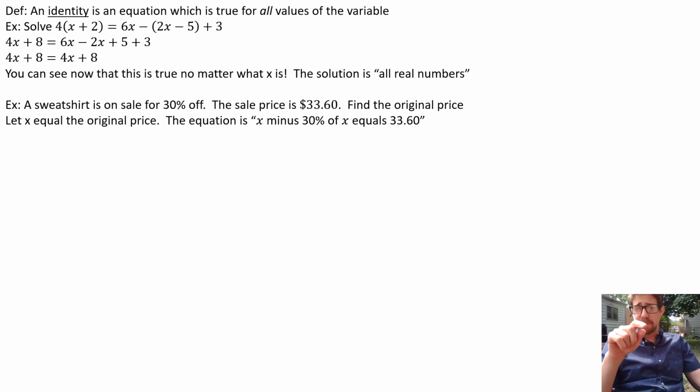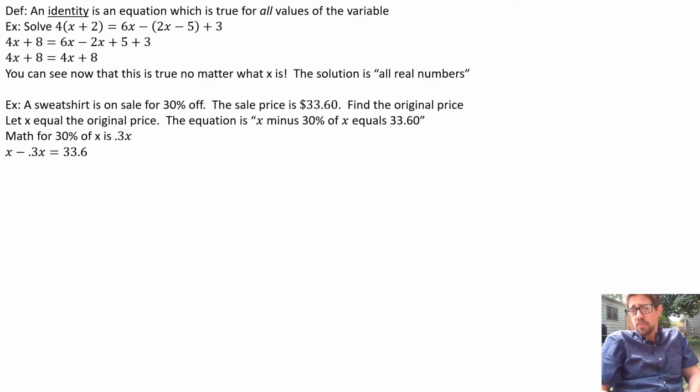So it's going to be x minus 0.3x equals 33.60. Right, so math in the language of math, that's what that means. So make sure you're good with that, because that's important. And there's your equation. There's no reason to write 33.60 because the 0 doesn't do anything. You want to write it in the price because we're used to it, but in the equation it doesn't matter.